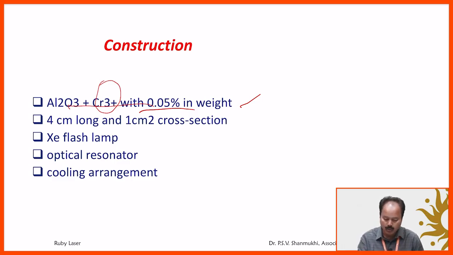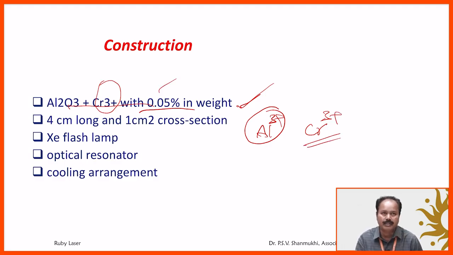Here in the ruby rod, we are taking aluminum trioxide, but some of the aluminum ions, Al3+ ions, are replaced by chromium ions, Cr3+ ions, with a percentage of 0.05% in weight. The rod is taken 4 centimeters long and 1 centimeter square cross sectional area.